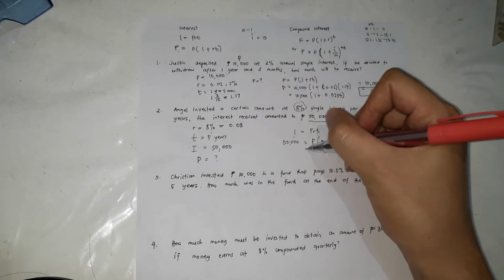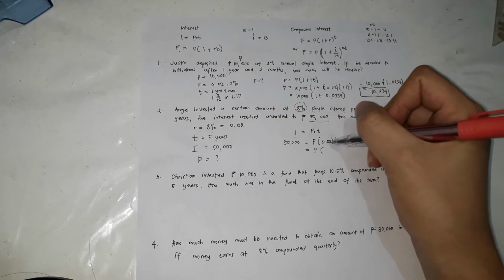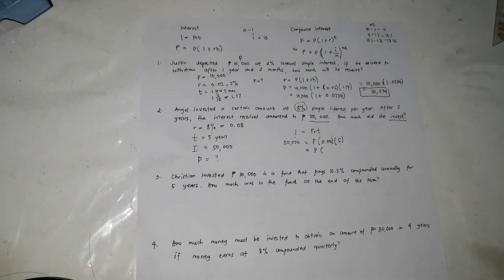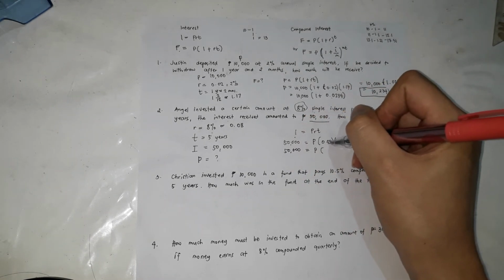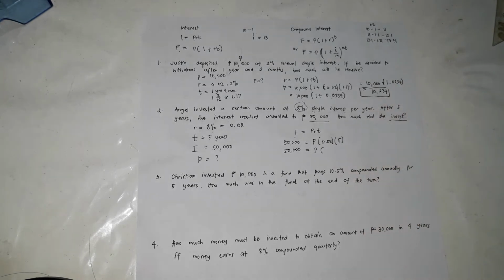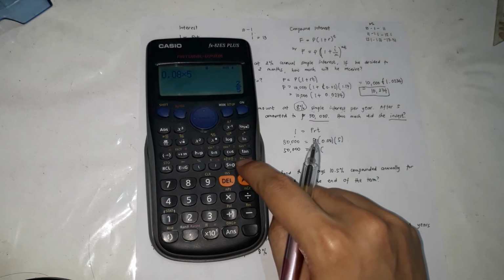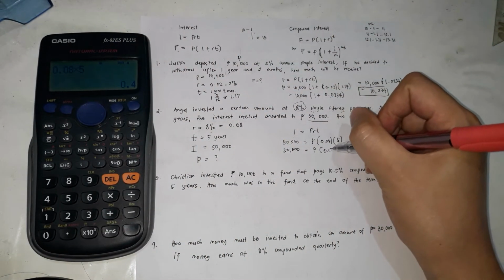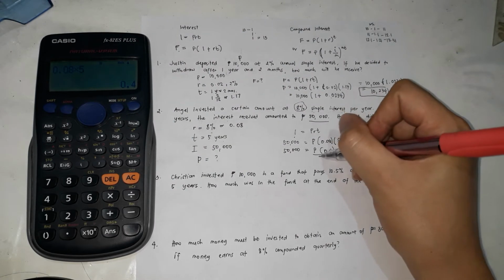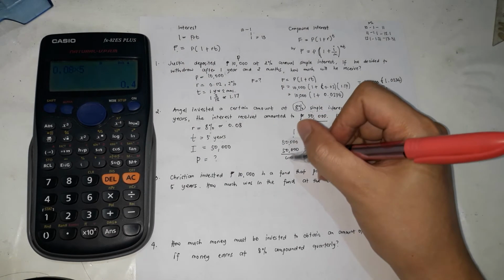Time is 5. So P is equal to multiply this one and let's copy first, 50,000 is equal to P times 0.08 times 5. 0.08 times 5 is equal to 0.4. Divide both sides by 0.4 so that you will get the answer.